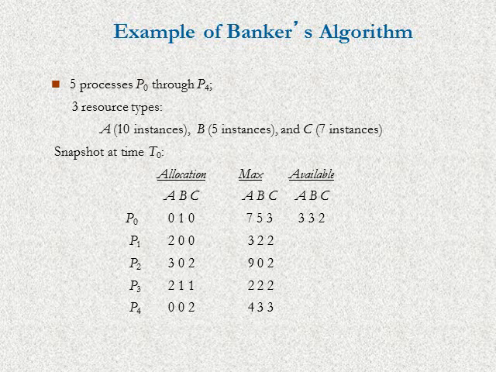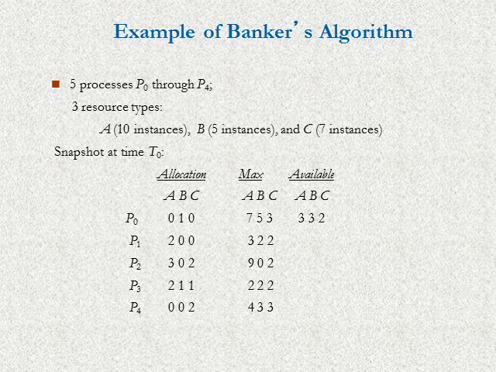Before moving with the banker's algorithm, let's have an example that will elaborate on its working. We will use this example side by side with the algorithm to enhance the understanding about the working of this algorithm.